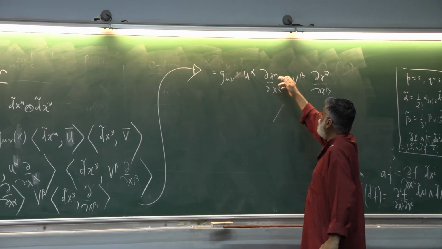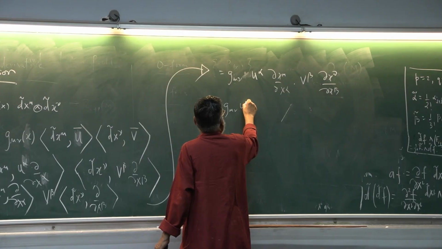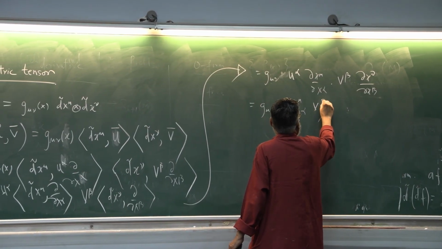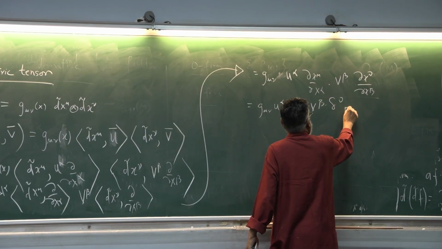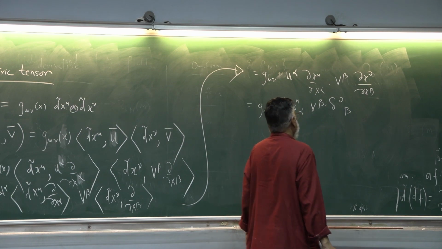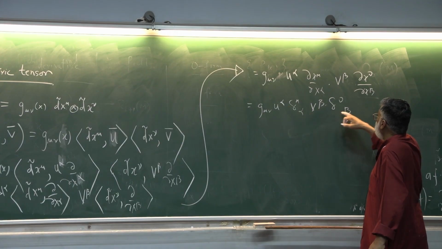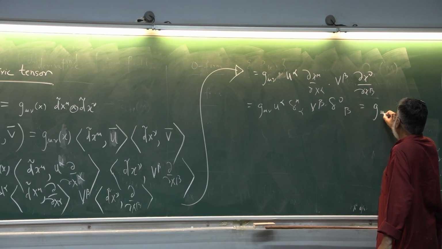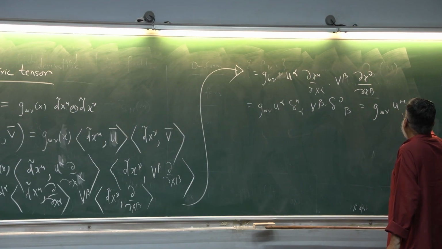This is simply Kronecker delta, G mu nu U alpha V beta, and when they are summed over, only when alpha is mu it will contribute, here only when beta is nu it will contribute, and we get G mu nu U mu V nu.